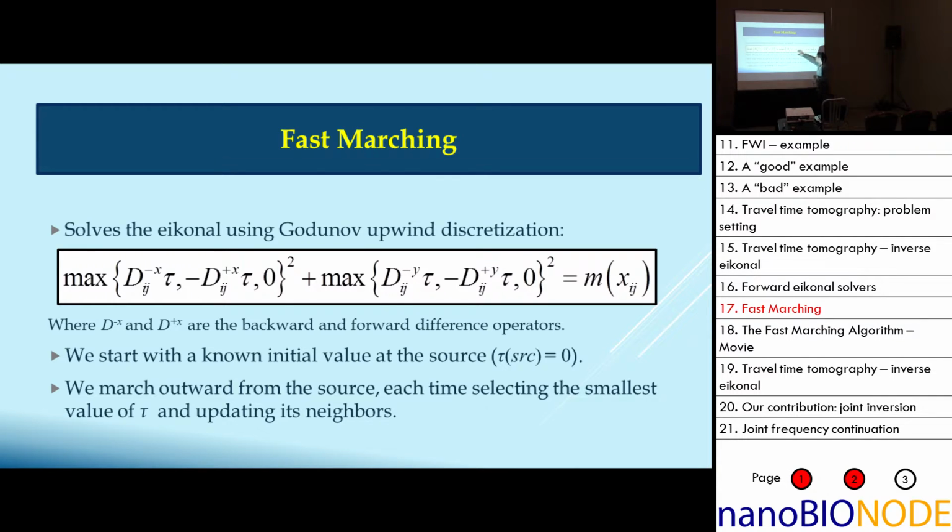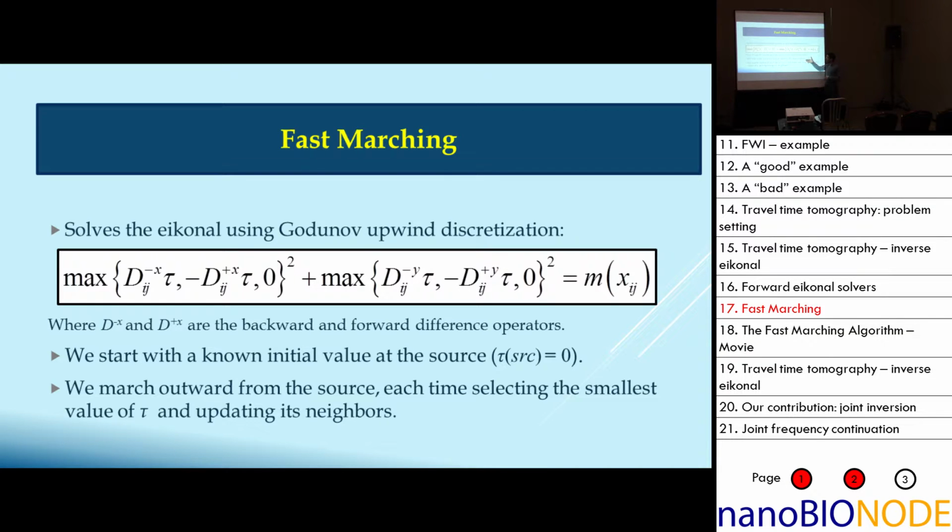So this is the discretization. D_ij minus y, for example, is the first order backward finite difference derivative for the first derivative. Don't be confused about this discretization. It's an advection. It's an upwind advection operator.